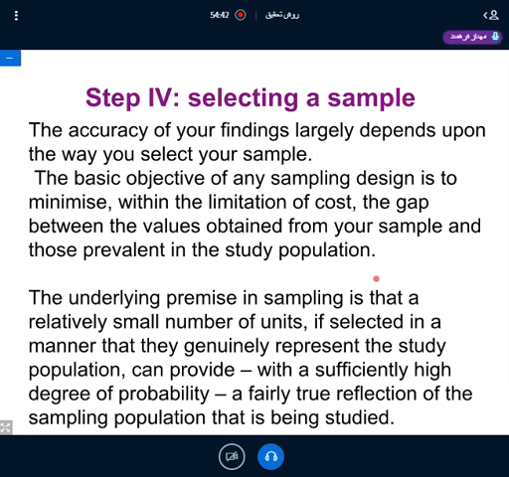So selecting the sample is the next step, and we must know the limitation of cost. That is very important. The sampling design and the population that you're going to study, we must select that.